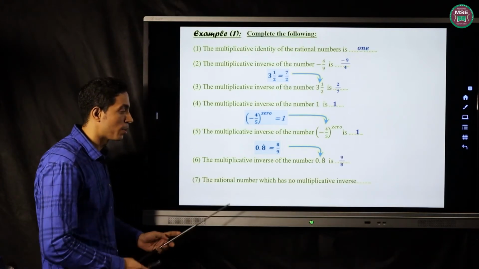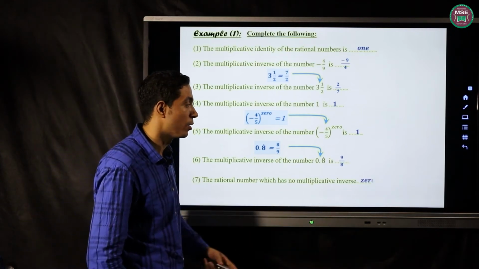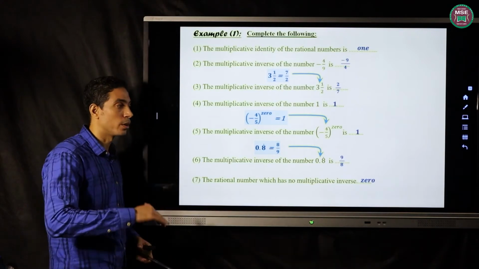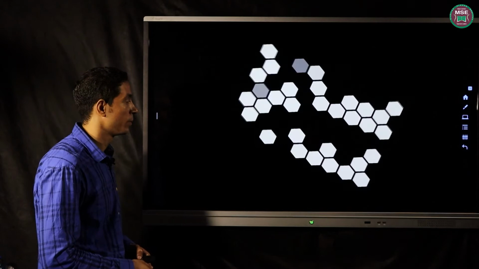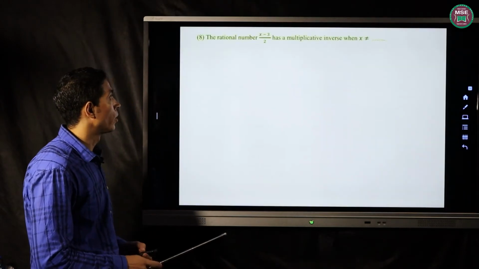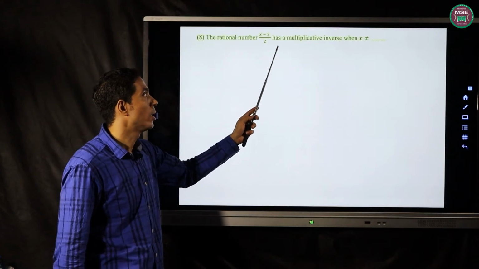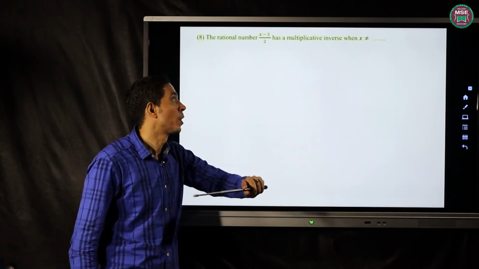Number 7. The rational number which has no multiplicative inverse is 0. 0 has no multiplicative inverse because 0 cannot be written in the denominator. Number 8. The rational number 3/(x minus 3) has a multiplicative inverse if x is not equal to what?